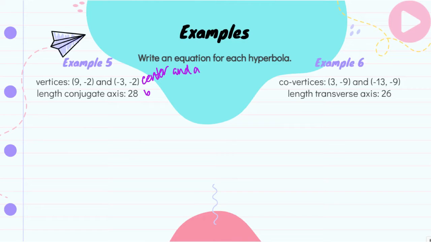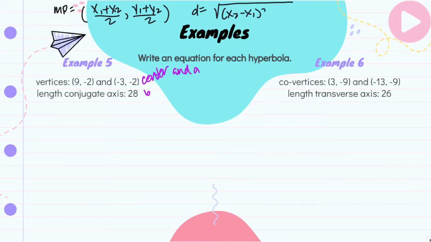The length of the conjugate axis is going to help us find B. We are going to need two formulas, and these are your two basic formulas, which is your midpoint formula, x1 plus x2 over 2, y1 plus y2 over 2, and we will also need the distance formula, square root of x2 minus x1 squared plus y2 minus y1 squared.